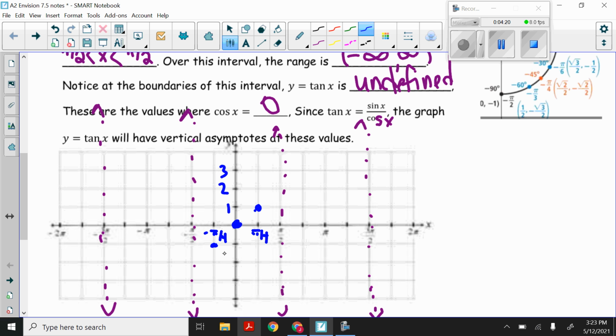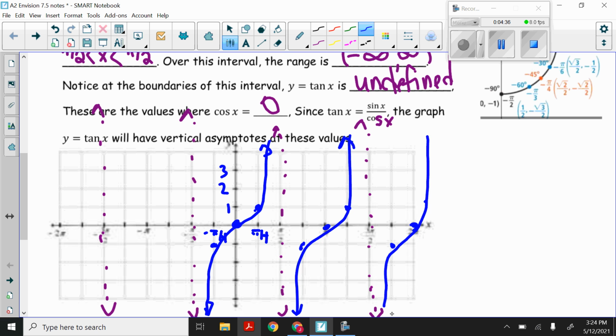We know that we're going to get very close to our asymptotes, but not touch or cross. So the tangent looks like this funny little S. So again, the same pattern here. So this is what our tangent function looks like. We discovered this in our graphing calculator lab yesterday.